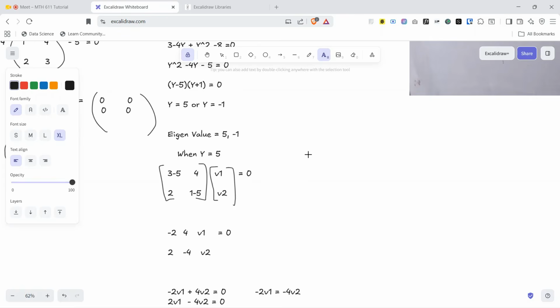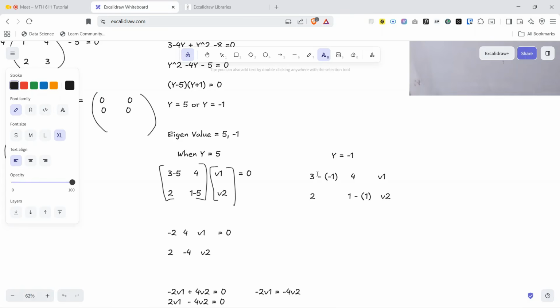So we are going to do the same thing for when lambda equals minus 1. For when lambda equals minus 1, we are going to have 3 minus 1 for 2 into 1 minus 1. Then same thing, we have v1, v2, we have 0 for both of them.